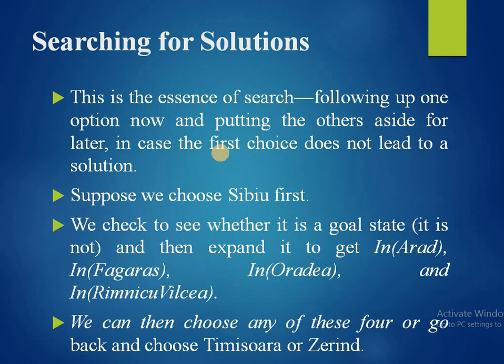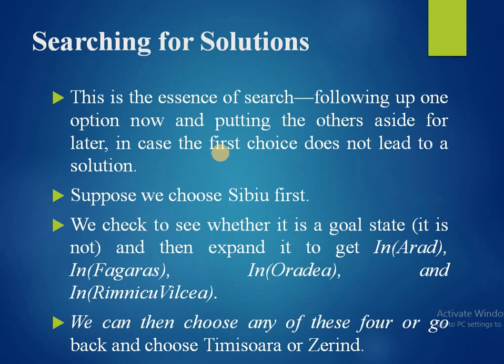Suppose we choose Sibiu first. We check to see whether it is a goal state or not, and then expand it to get in Arad, in Fagaras, in Oradea and in Rimnicu Vilcea.